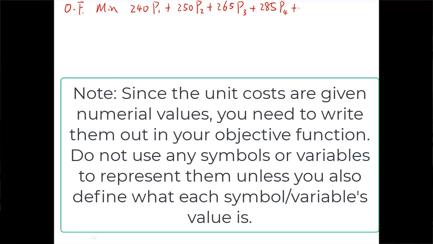Now let me go back. So we want to minimize, and we'll write the production cost first. That would be 240 P1 plus 250 P2 plus 265 P3 plus 285 P4 plus 280 P5 plus 260 P6.